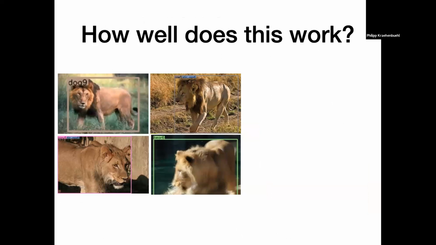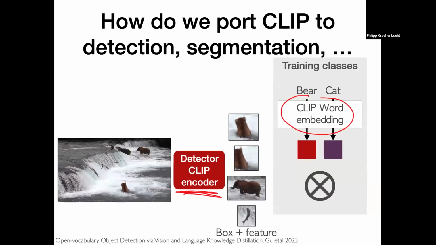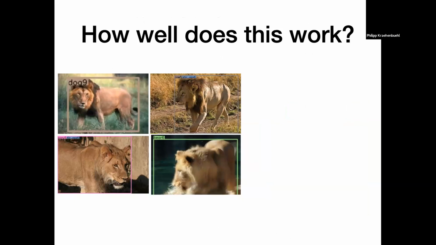All right, so how well does this work? This is not the actual paper that I presented, but this is our reproduction of it. One thing to mention is you obviously have to train these models, and the way you train them is to use standard object detection data sets. If you train these on standard object detection data sets, and now ask the model to detect what this lion here is, it will first tell you, well, this up here is definitely a dog.